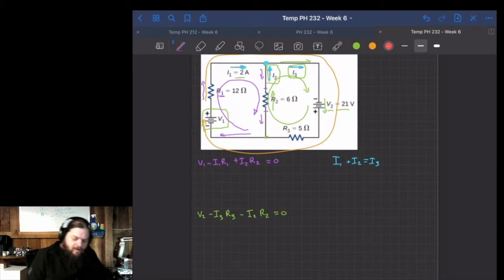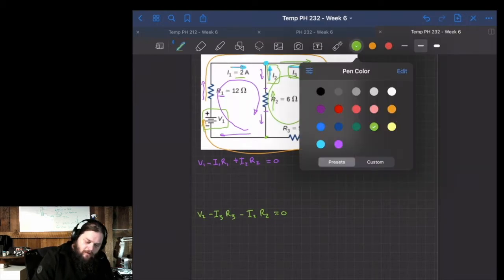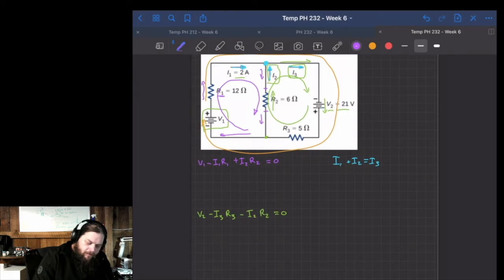I'm going to start by plugging values into our purple loop. V1, which we don't know, minus 2 amps times 12 ohms, plus I2, which we don't know, times R2, which is 6 ohms, is equal to 0.